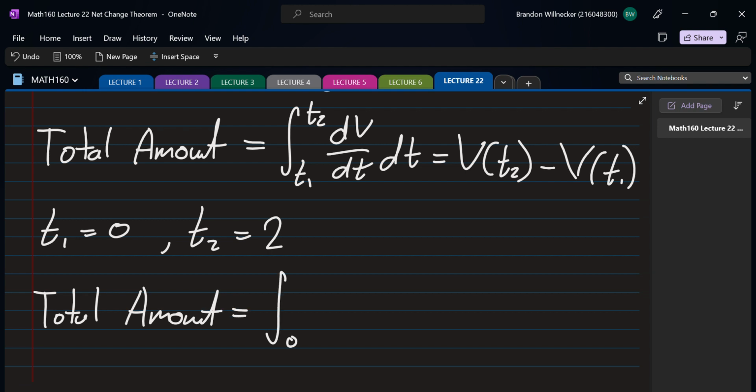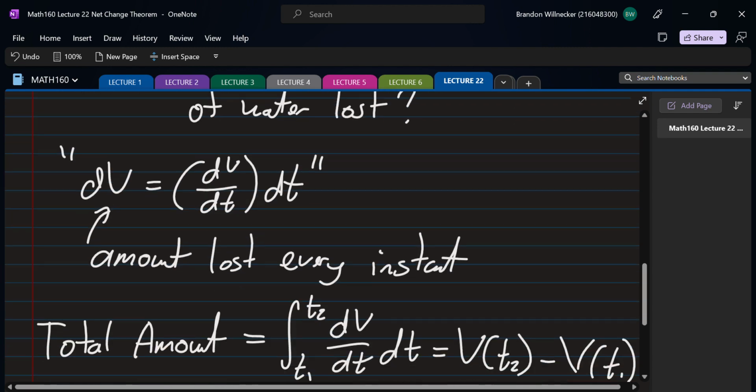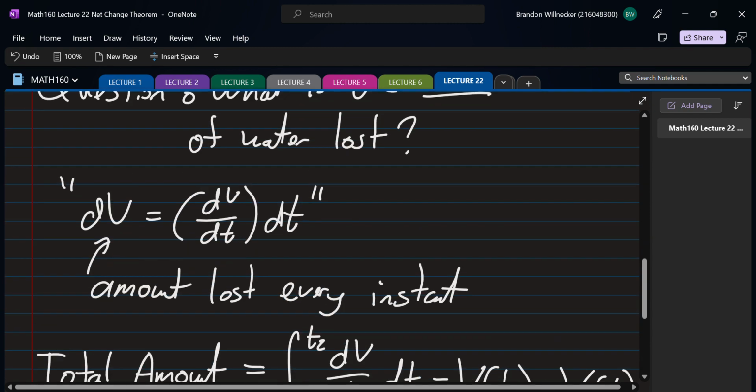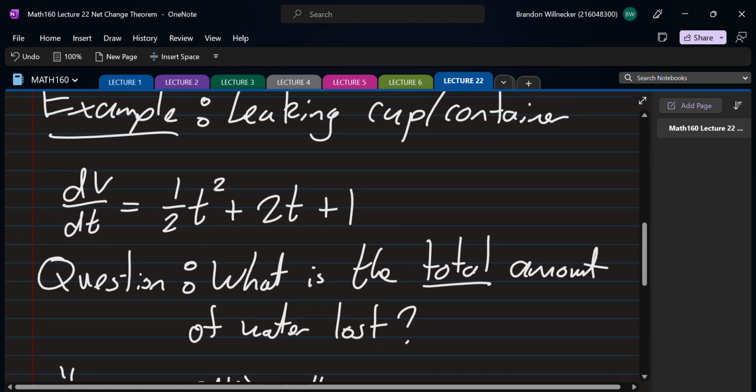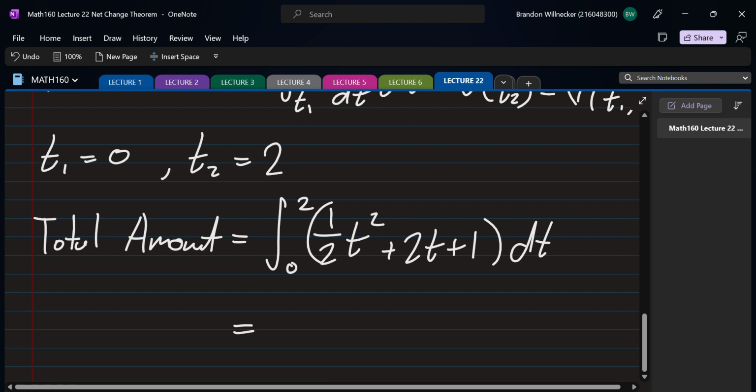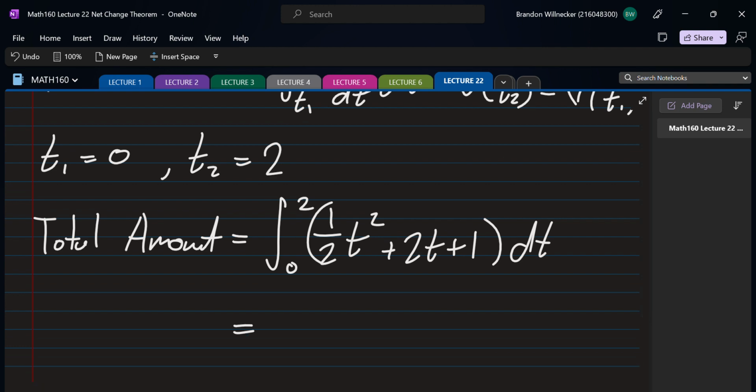That's going to be the integral from 0 to 2 of dV by dt, so 1/2 t squared plus 2t plus 1, dt. So from this, we can find the volume by integrating that, and then taking the difference, the volume at the end point minus the volume at the initial point. That's the change in volume, which is what we want.